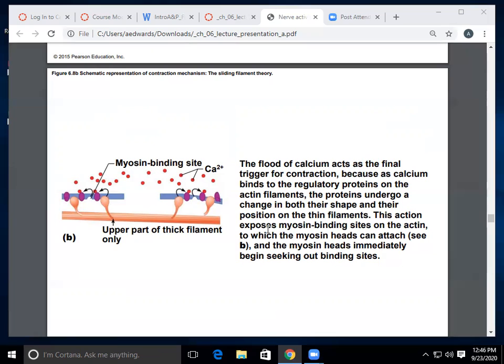And this exposes binding sites on the myosin, the thick filament, and allows the myosin heads to attach to the actin. And essentially it's pulling it toward the middle. Okay, it's like it grabs it, moves it in.